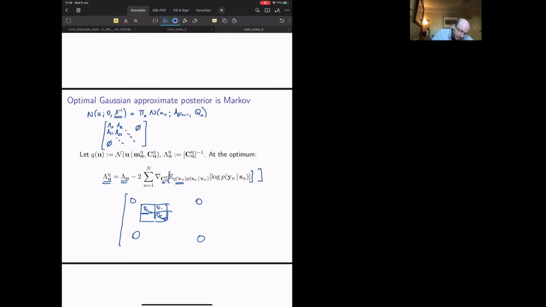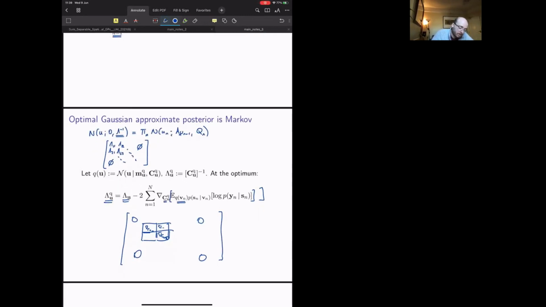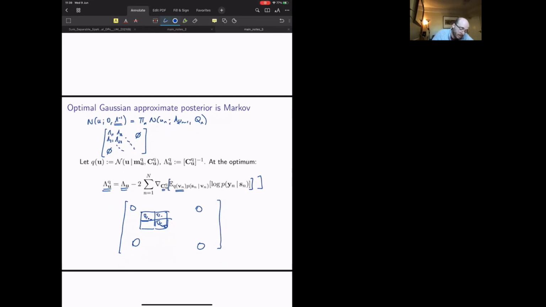Everywhere else is 0. So when you add any one of these terms in the summation to the prior precision lambda u, the result is still block tridiagonal, so everything remains Markov.